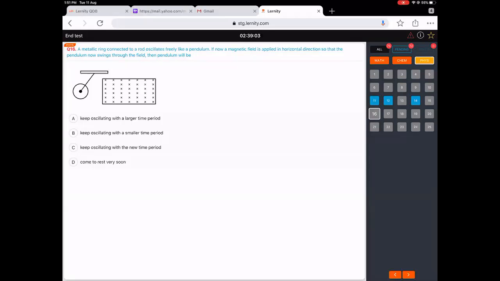As it goes in, it will be pushed back. As it goes out, it will again be pulled back. So there are resistive forces. I'll go for this. It will come to rest very soon.